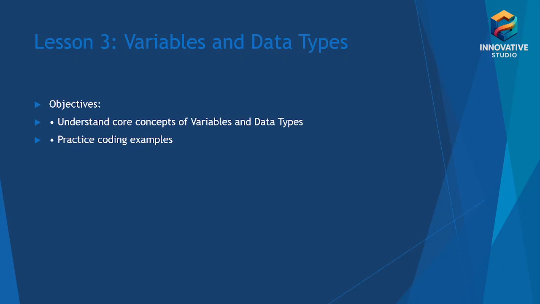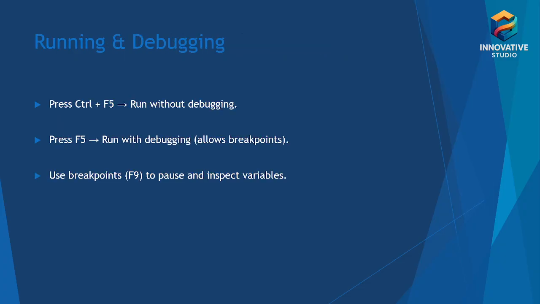As I told you, we press Control plus F5 to run without debugging. We press F5 to run with debugging, allow breakpoints, and use breakpoints with the F9 key, and with the mouse you can also place breakpoints. So that's running the program with debugging options using shortcut keys.